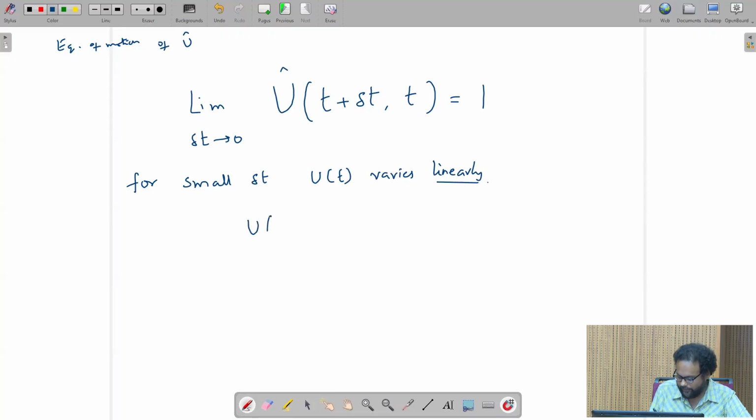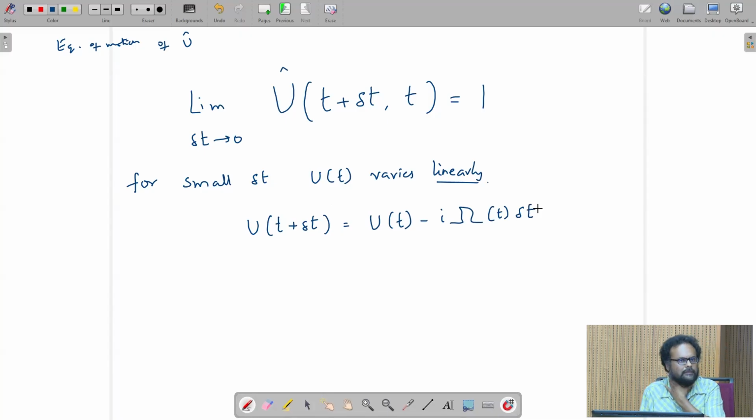So I can write U of t, dropping the operators for now, will be some U of t minus i sigma t, some slope, times delta t. It's a linear relationship. Note this guy.